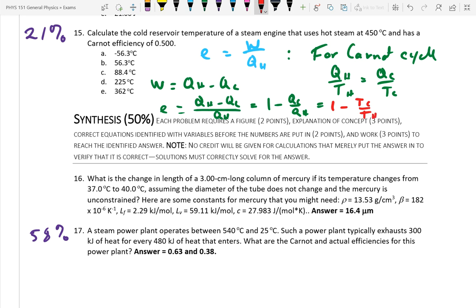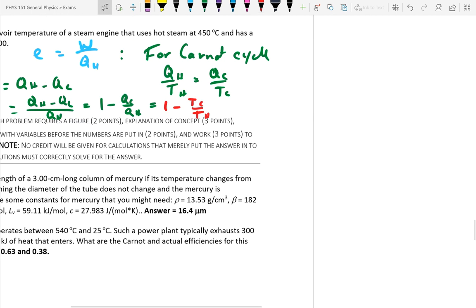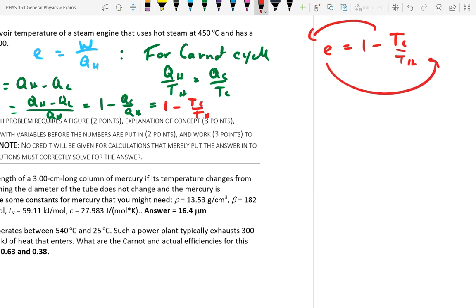So now I'm looking for temperature cold and I'm given temperature hot. So solving this for temperature cold, I will switch the positions of the E and the ratio. So I have temperature cold over temperature hot equals 1 minus E. So temperature cold is equal to temperature hot times 1 minus E.